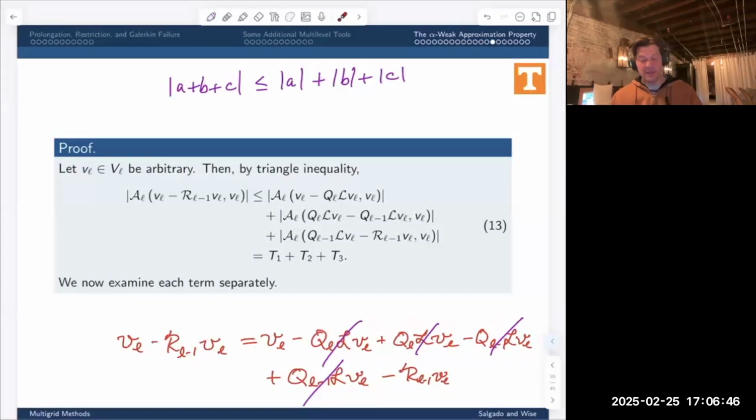I'm using the linearity of the first component of AL. The second component of AL stays the same every time. Now I know that AL is a symmetric bilinear form, has a lot of nice properties, but I can just leave that object in that second position alone.